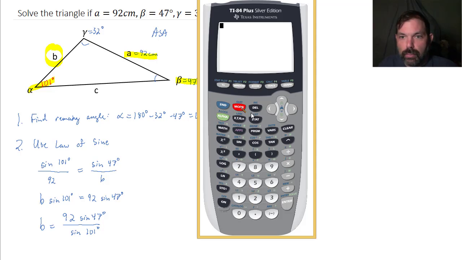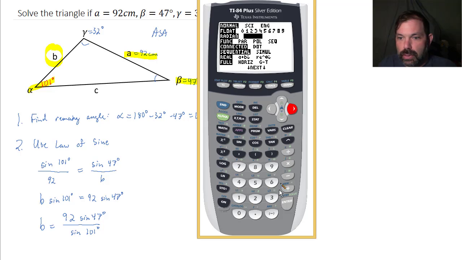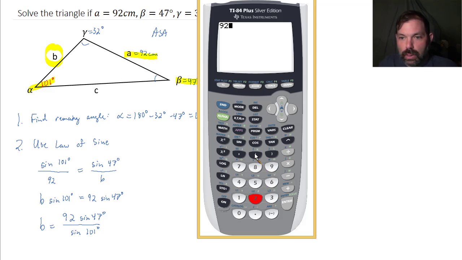Let's make sure I'm in the right mode. I'm in radian mode. I need to be in degree mode. Let's switch to degrees. Go back to my home screen. 92 sine 47, close off the 47, divide that by sine 101, close that off and hit enter.